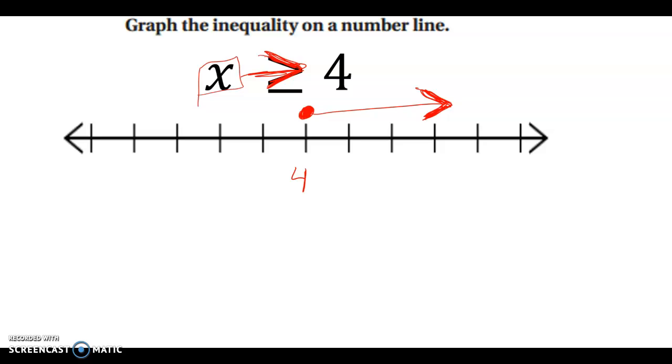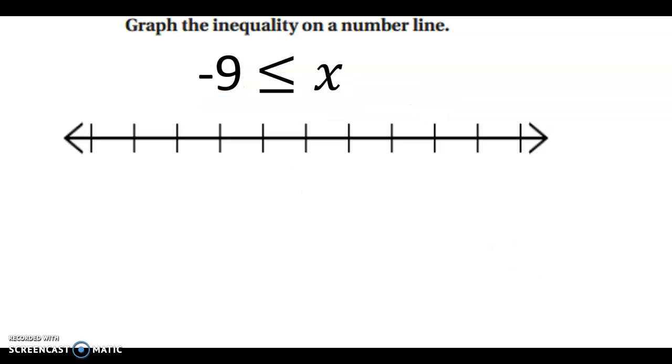All right, let's try the next one. So -9 is less than or equal to x. Now, for me personally, I like to rewrite it with the x first. I like my variable first, so I'm going to write x. Now, your inequality symbol, you have to flip. You see how it looks like it's eating the x? It still should be eating the x. And then the -9.